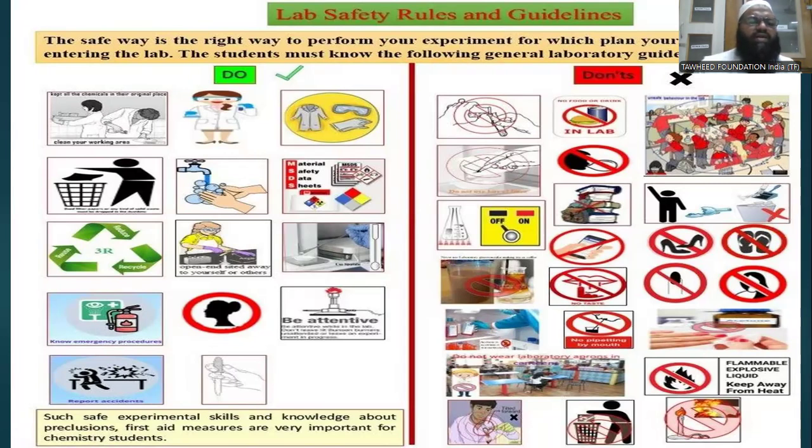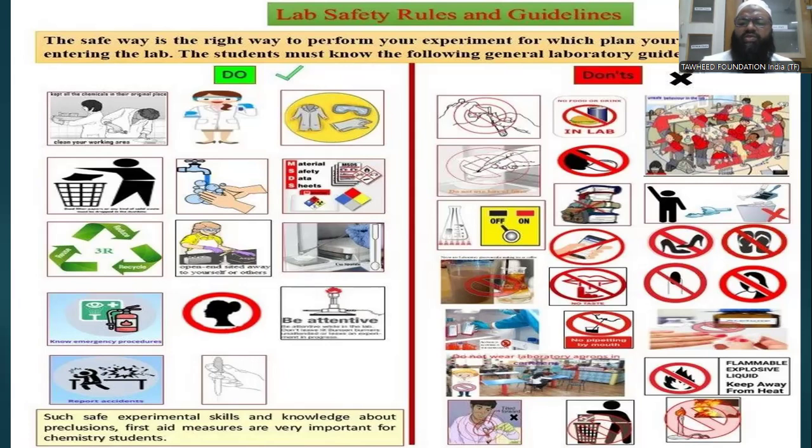First, you have to clean your working area, and you should be in an apron, with whatever PPEs we should have, and you need to maintain proper biomedical waste management, and be aware of material safety data sheets. All those things you need to have complete knowledge of before entering the laboratory. Otherwise, you may have some accidents in the laboratory.